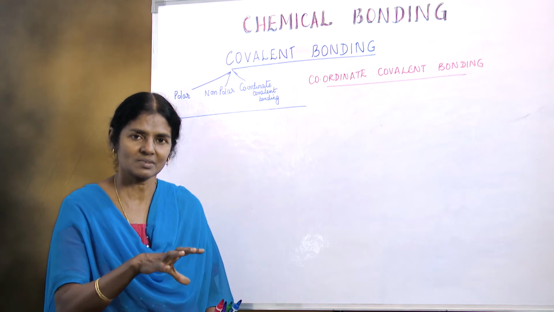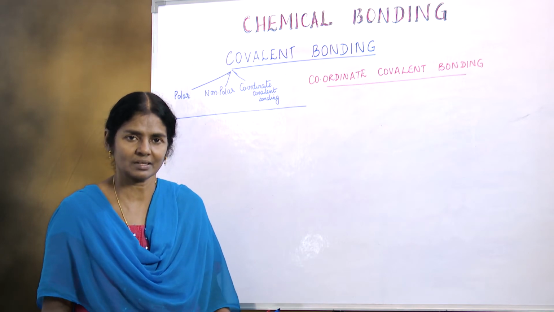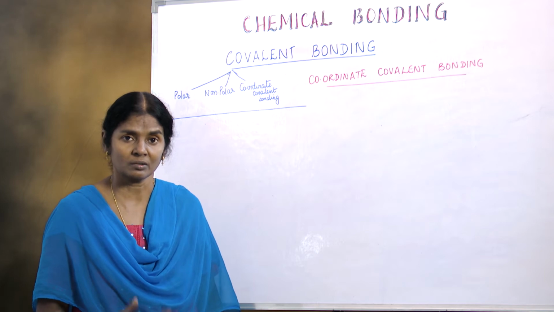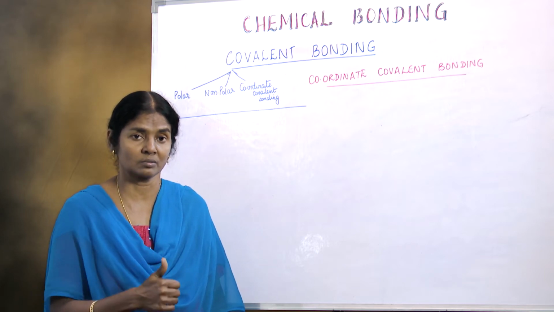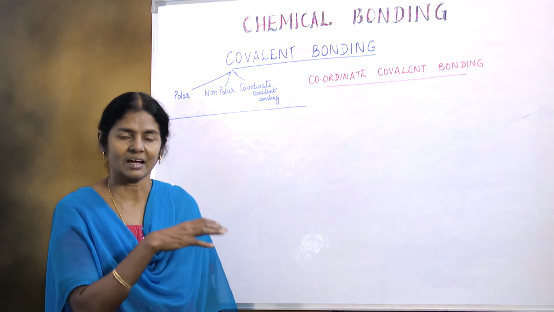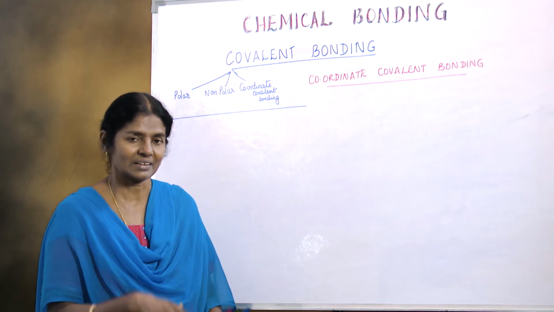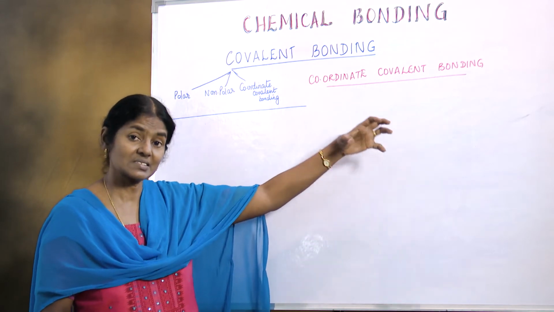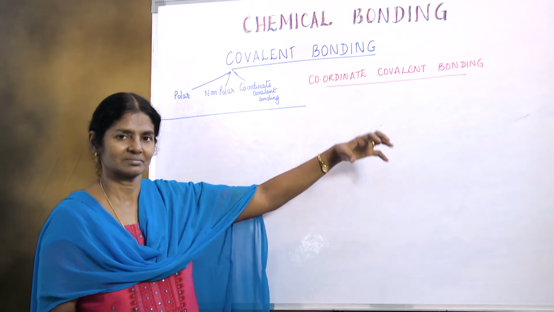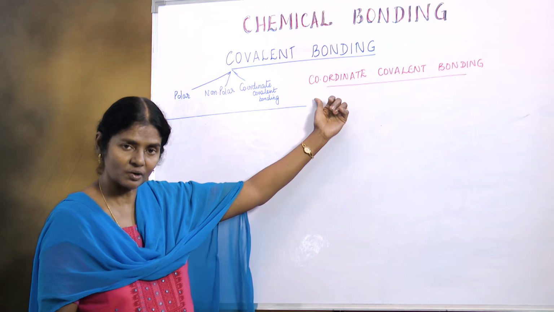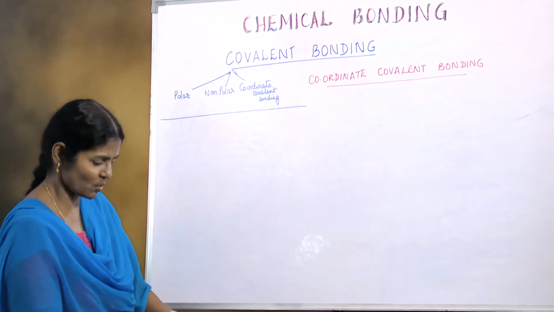I don't have anything there, nothing belongs to me, but the sharing comes from you alone. Now I can't after 10 days say no, this is my room. No, because the sharing is from your side. That is how coordinate covalent bonding comes. So the sharing is from one side only, then it is coordinate covalent bonding.